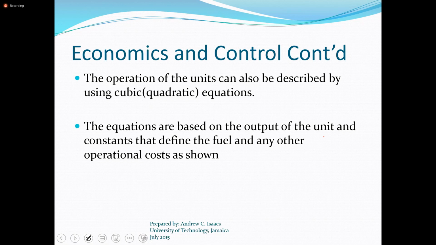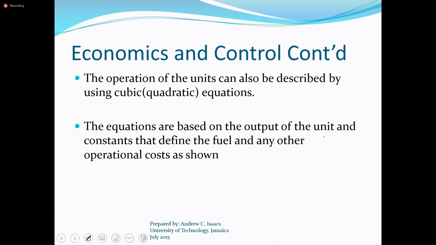All right. What do I mean by this? There are some components of the cost that are going to be linked to the output. So there's an aspect of the cost that will be linked to whatever output is being produced. However, when we were looking at unit commitment last time, one of the things we mentioned was the fact that you needed a crew, you needed people.